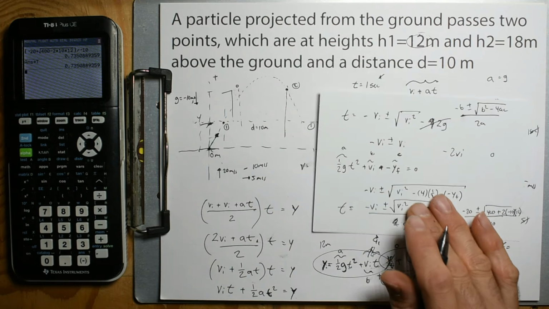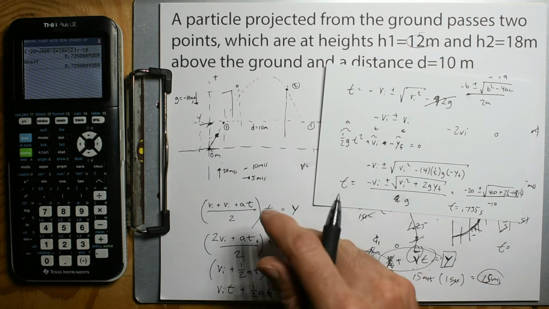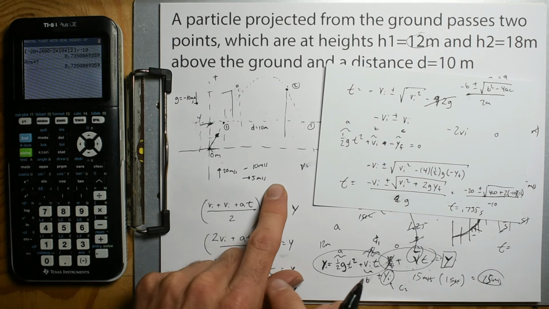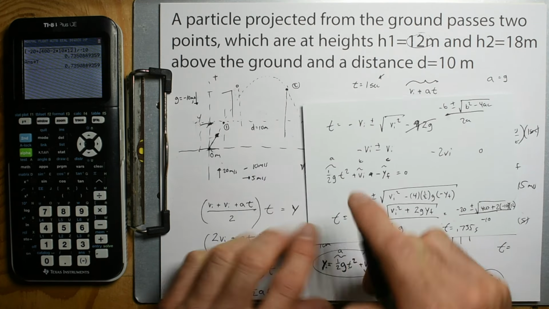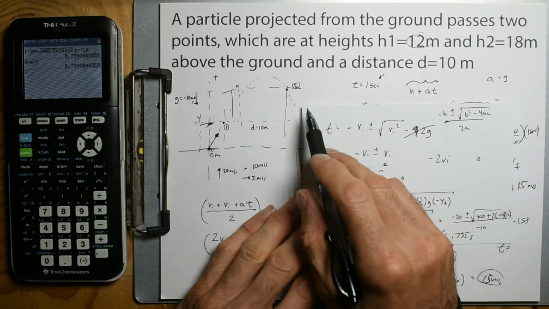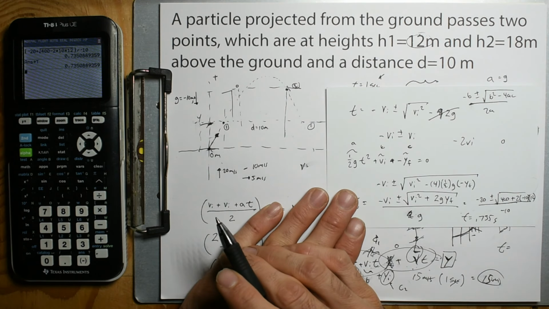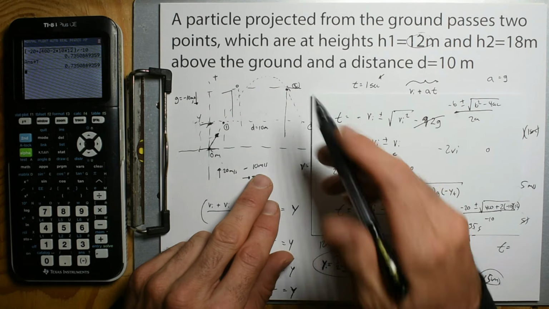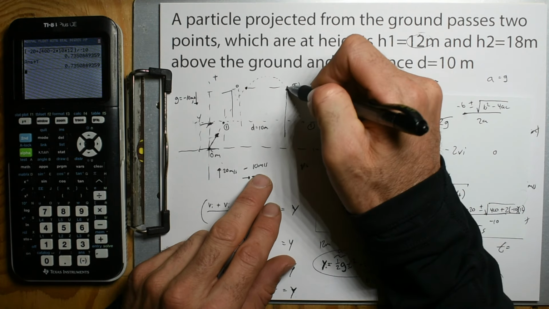Okay, so cool. And again, we're just using guess and check. We put an upward component and an over component, and now we're going to figure out when it hits this 18 meters. It's going to hit the 18 meters in 2 different locations, on the way up and on the way down.